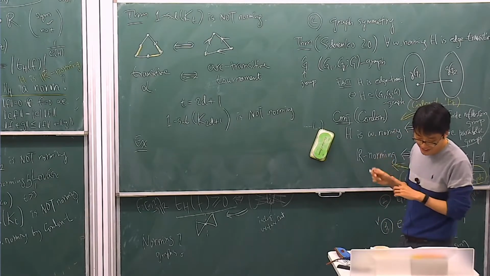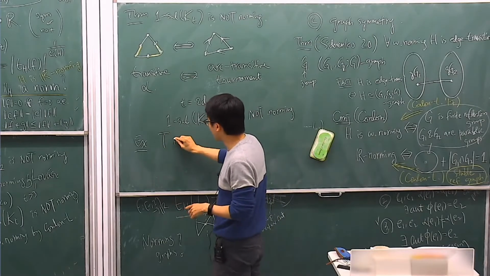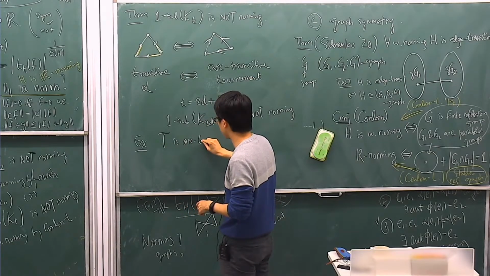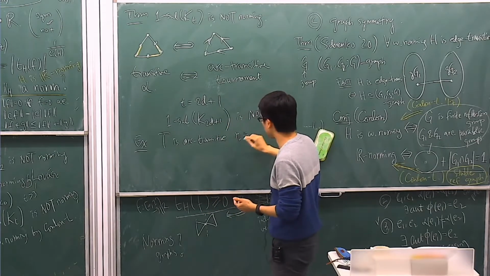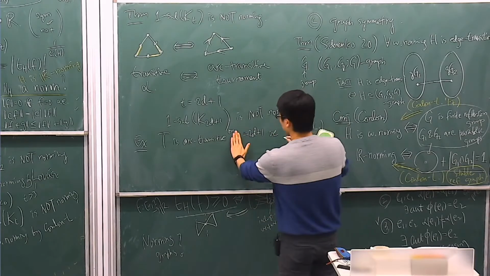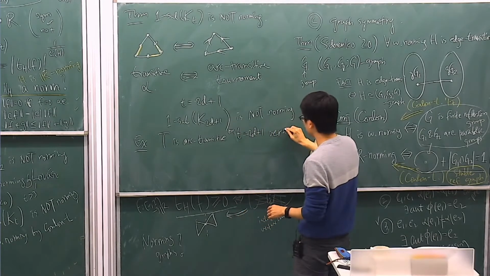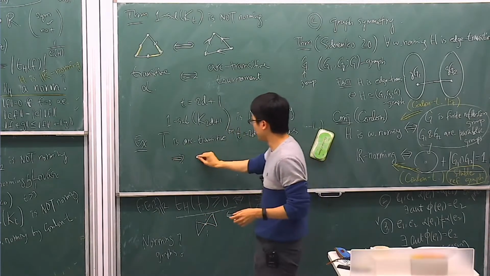Here's the exercise: if T is arc transitive on an odd number of vertices, on 2d plus 1 vertices, then your d must be odd too.